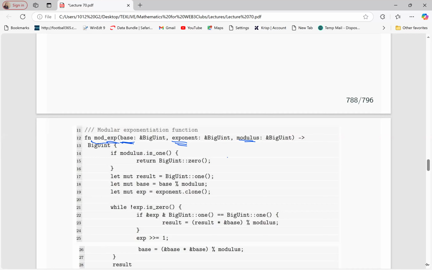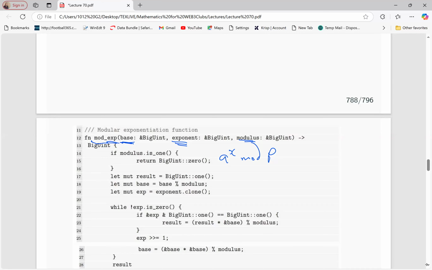So what I am talking about is a raised to some power, mod, let me say, p. This code does this using the fast powering algorithm that we learned.